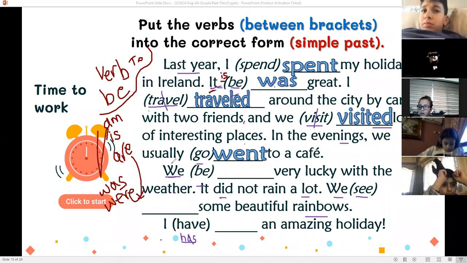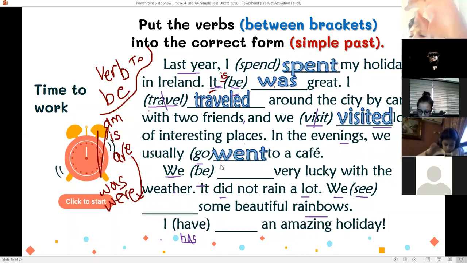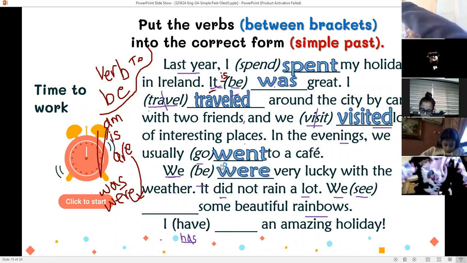So here you said "we was," right? Do I say we am or we is or we are if it's in the present? We are. So what is the past of are? Were. Yes, we were very lucky.